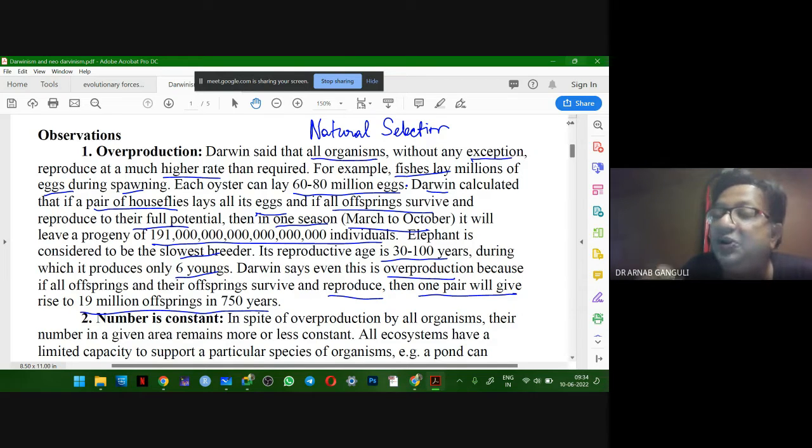So if an elephant in one lifetime has 6 children, and all the 6 children have 6 children each, then in 750 years you'll have 19 million elephants present. But unfortunately, in reality, you don't see them.